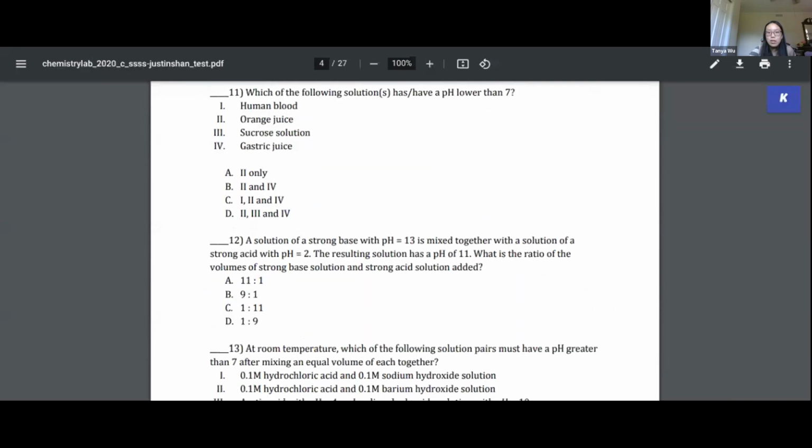Which of the following has a pH lower than 7? So that means it has to be acidic.